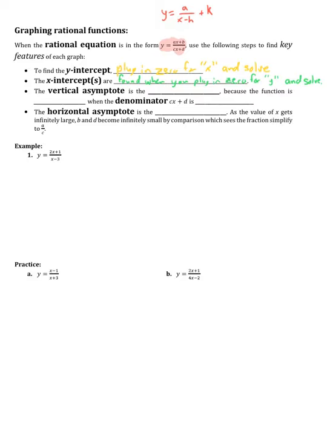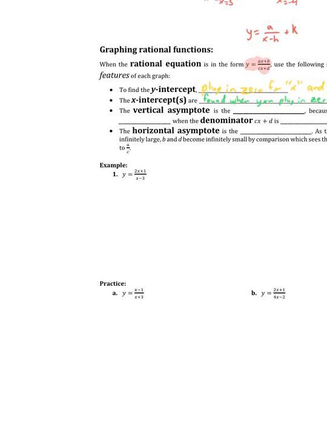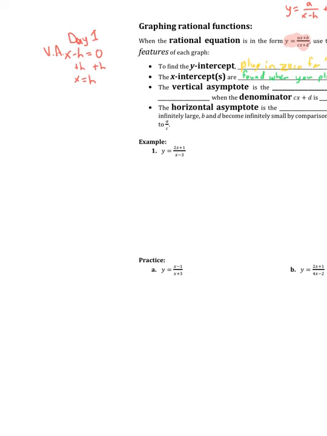Vertical asymptote. We're using this expression cx plus d. Like yesterday we used x minus h and said that equals 0. We add h to both sides, we got x equals h. This is how we found the vertical asymptote day 1. Vertical asymptote day 2, same idea.